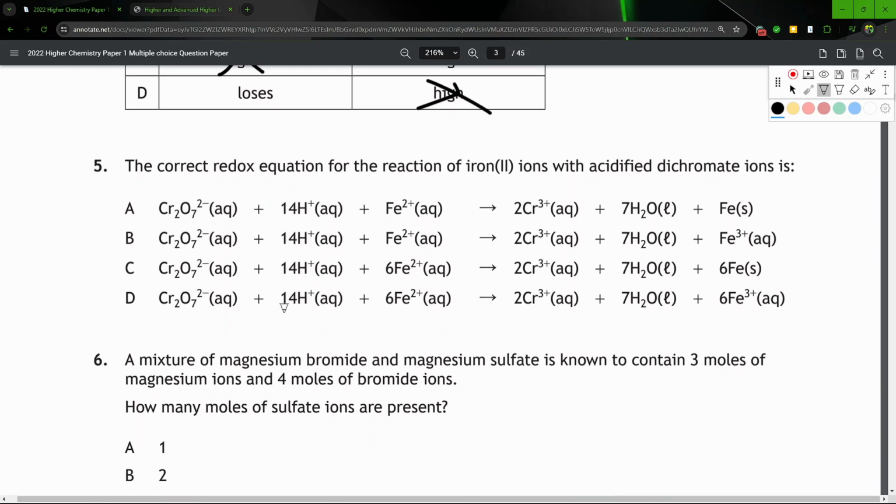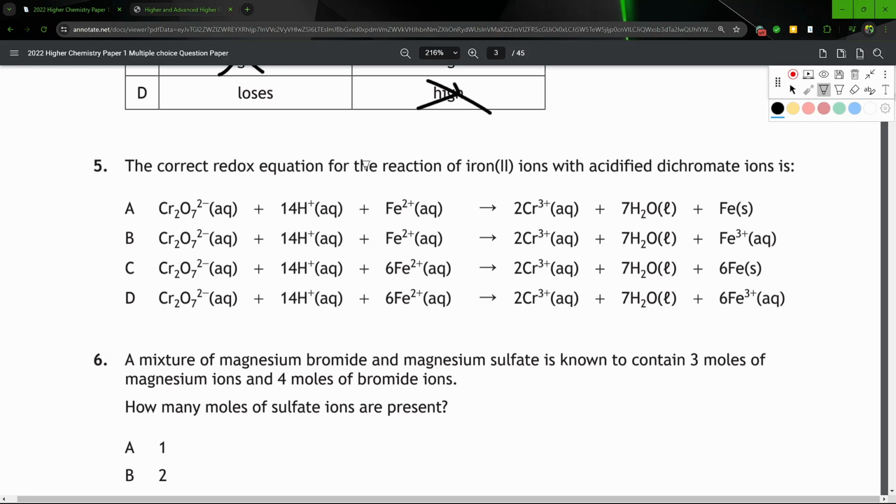The correct redox equation for the reaction of iron(II) ions with acidified dichromate ions is what? Okay, so I have to go through here and make sure everything is balanced. Let's start at the top.